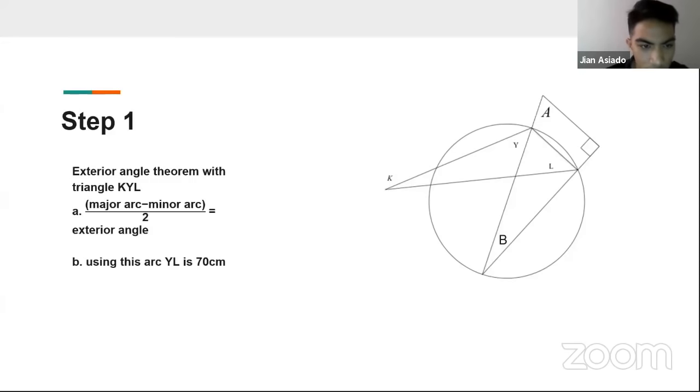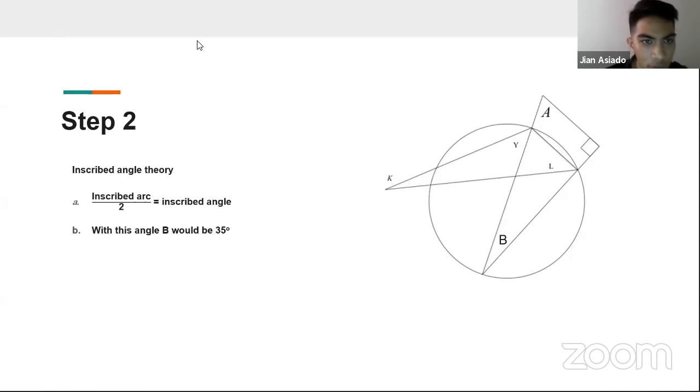Step 2, no? Okay, so etong step 2, okay, inscribed angle naman, no? Ito si arc, si 70. Ito yung inscribed angle niya, si angle B. No? Ngayon, si inscribed angle coming from yung kanina, diba si arc equal siya sa 70, no? So 70 degrees over 2. 70 centimeters.